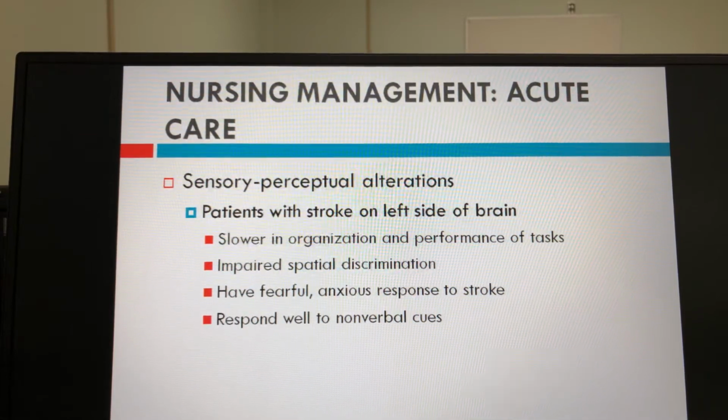Their behaviors are slow and cautious, and nonverbal cues and instructions are helpful for them to comprehend. And that is not uncommon in patients who have had a left brain stroke. They need nonverbal cues and instructions in order for them to comprehend.